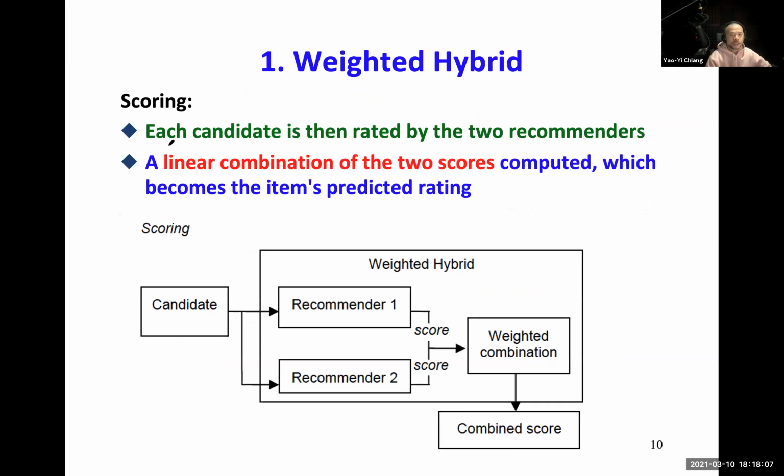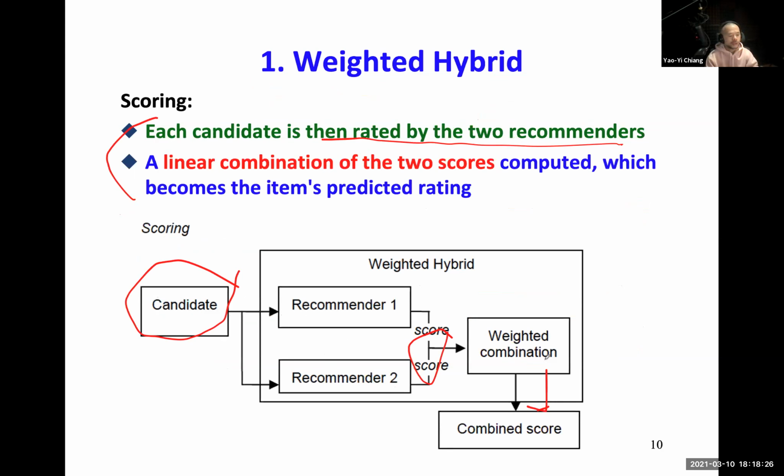So during the scoring time, each candidate is rated by the two recommendation systems like this. You take the candidates, either from a union or intersection, you send them to a recommendation system again, generate a score, have the weighted combination, generate the combined score, and you are done.